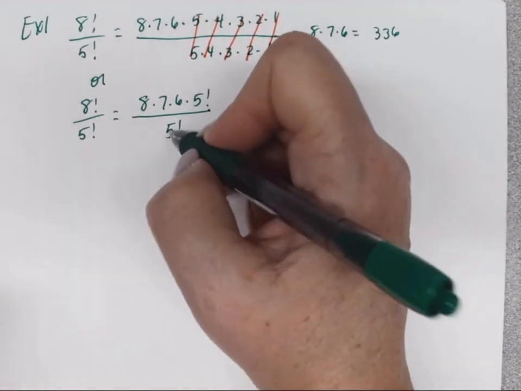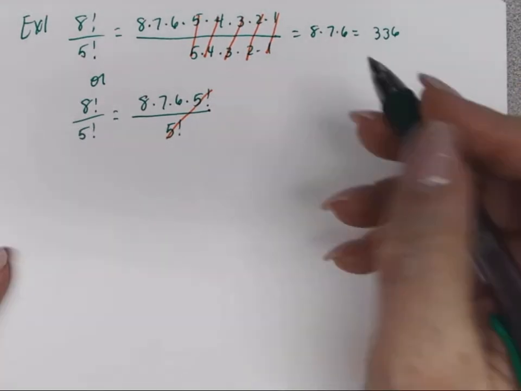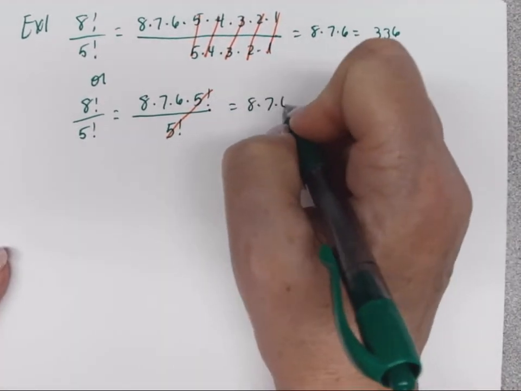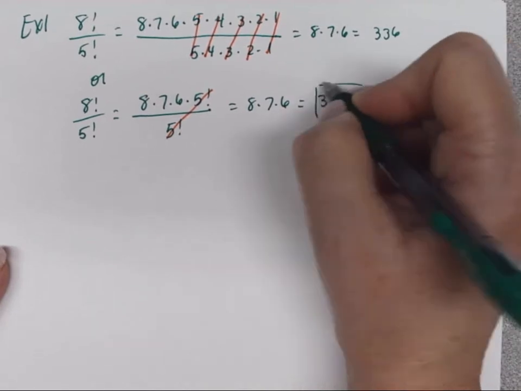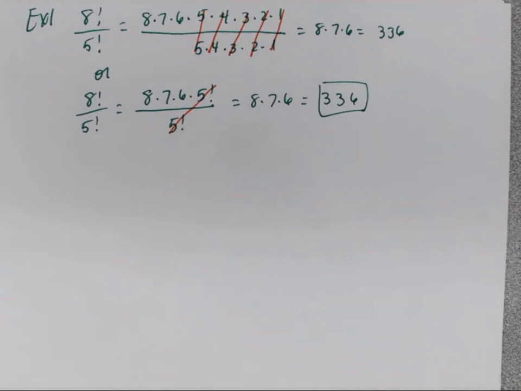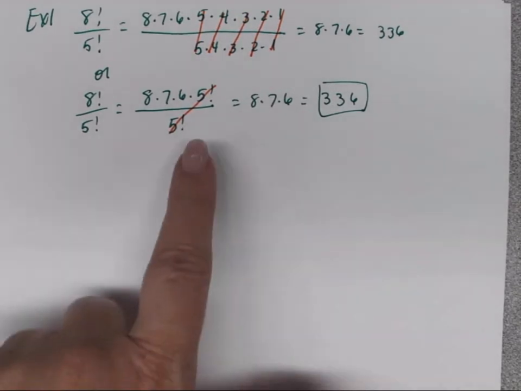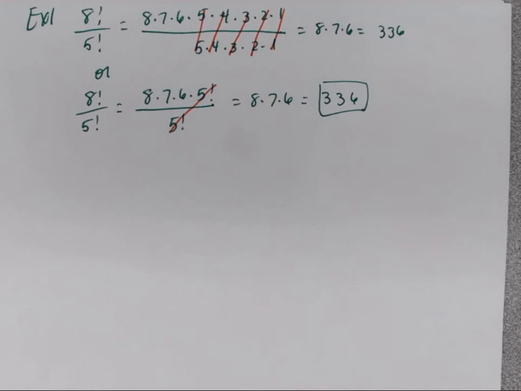Then I can cancel out the 5 factorials, which still leaves me with 8 times 7 times 6, which is still 336. Now, there's not too many numbers that we're writing here, so you might think it doesn't matter. I'm going to show you an example where we won't have to write as many numbers, and that's the reason we learn to do this.